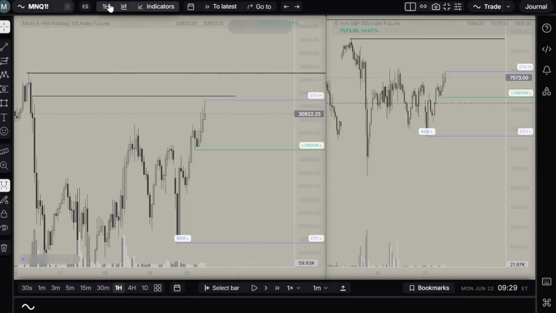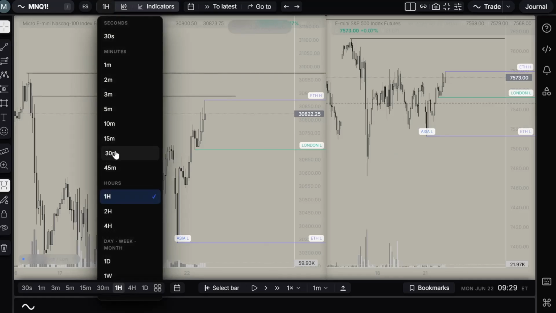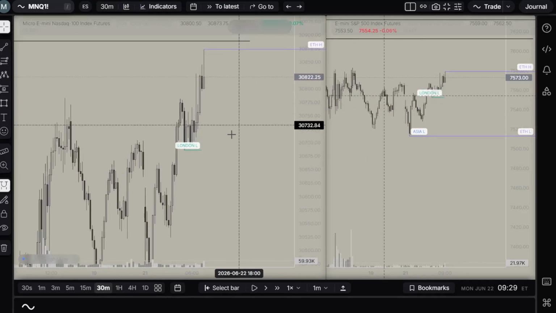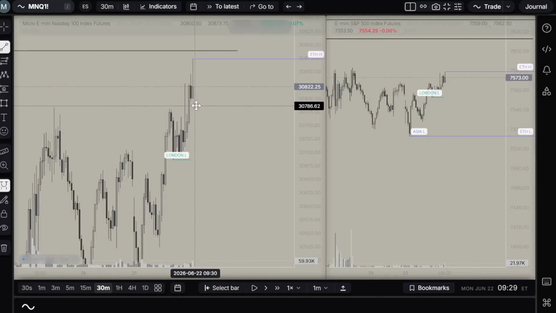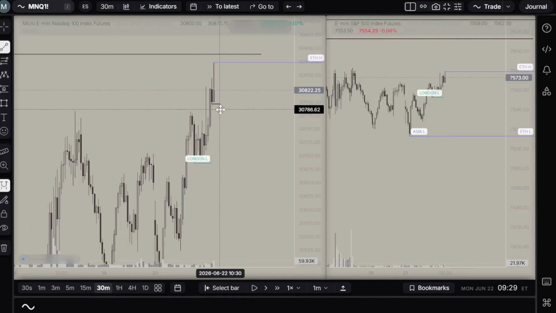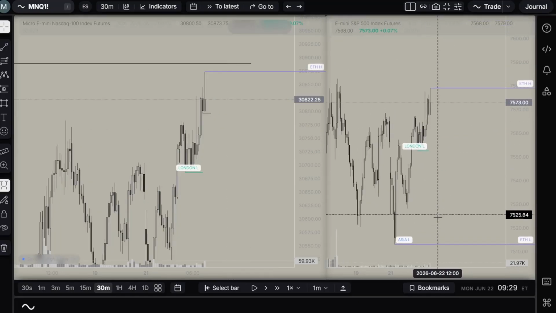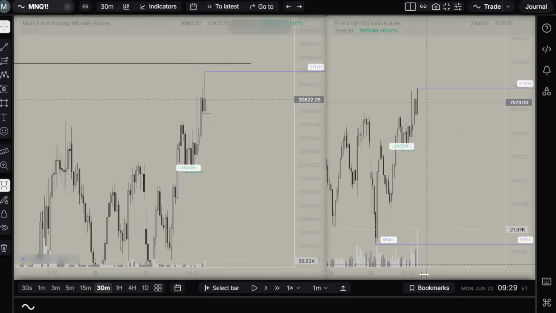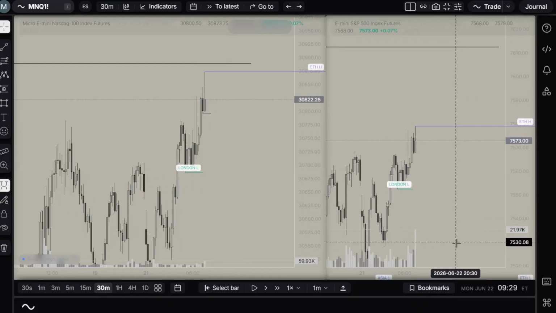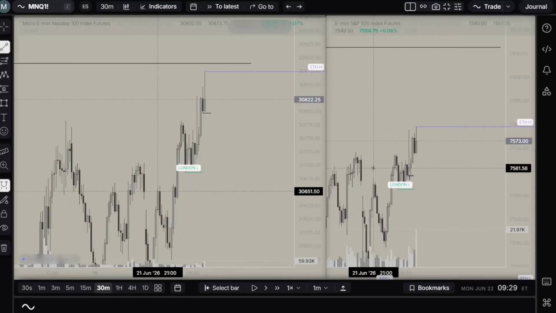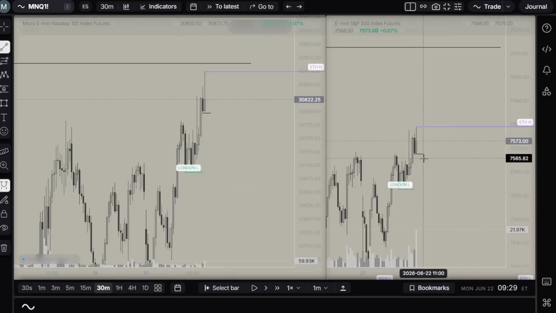Unmitigated hourly as well. Honestly, okay, beautiful. I was hoping we had something to mitigate into before pushing higher, and we have this 30-minute unfilled. So I want to see us push into this 30-minute unfilled to then head higher towards that hourly unfilled. That would be ideal, right?